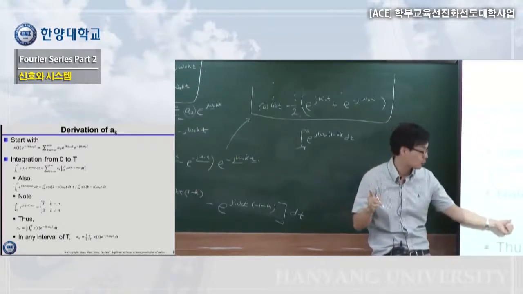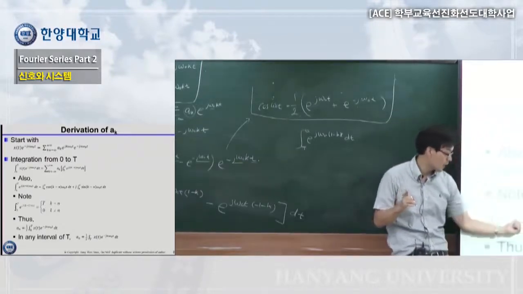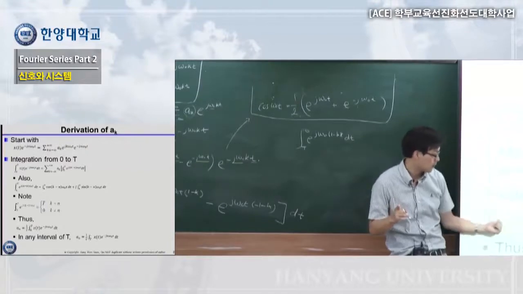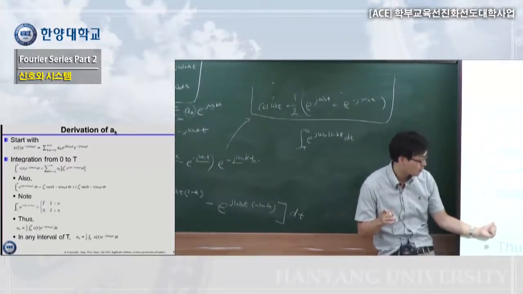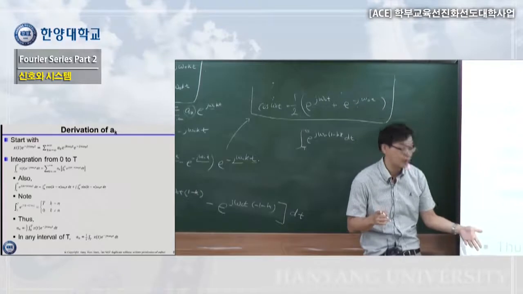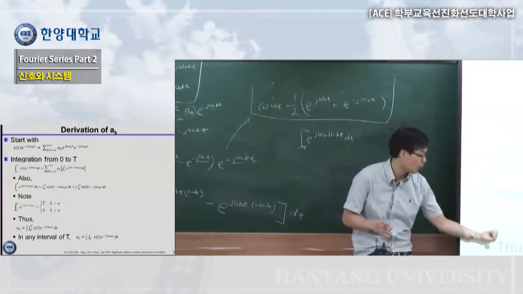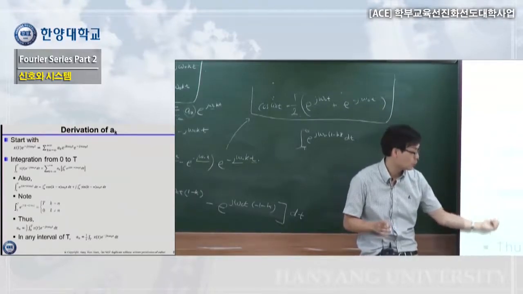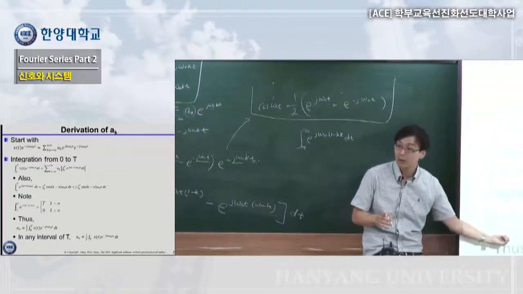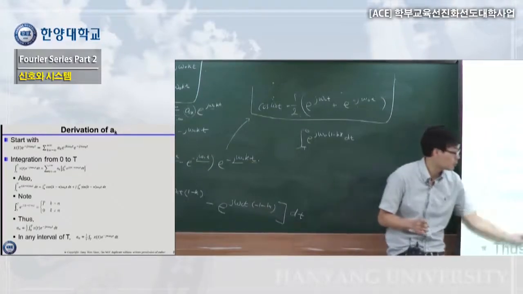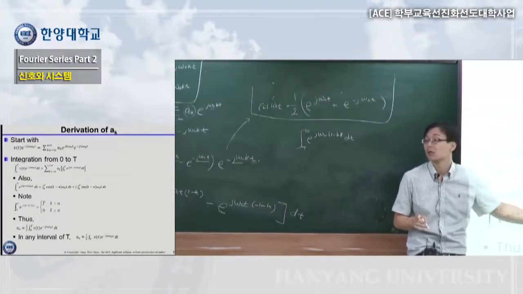Right? In this case, k equals n, k minus n will be 0, exponential 0 will be 1, and integrating this over a period, integrating 0 to T of 1, becomes T. Remember that?